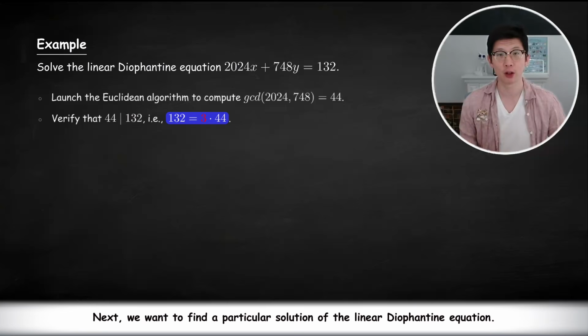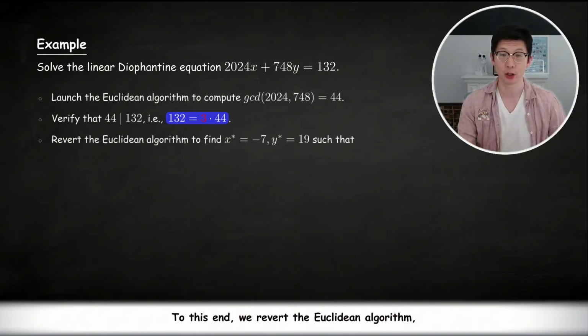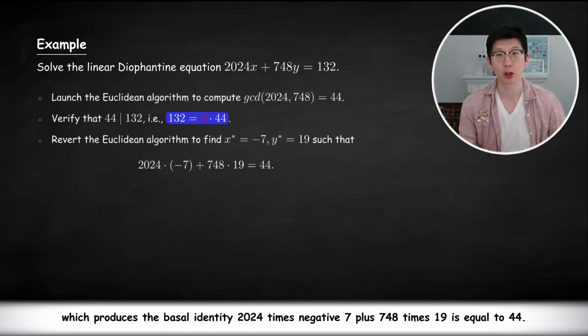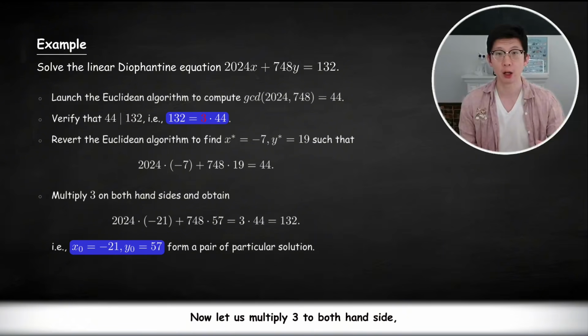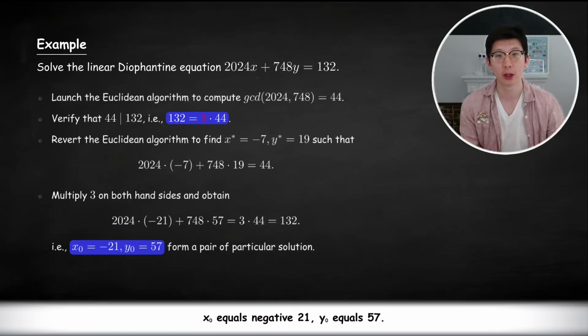Next, we want to find a particular solution of the linear Diophantine equation. To this end, we revert the Euclidean algorithm, which produces the Bezout identity 2024 times -7 plus 748 times 19 is equal to 44. Now let us multiply 3 to both hand sides, which in turn gives us a pair of integer solutions. x0 equals -21, y0 equals 57.